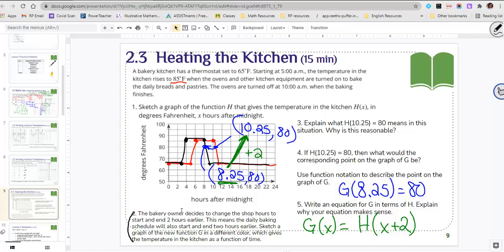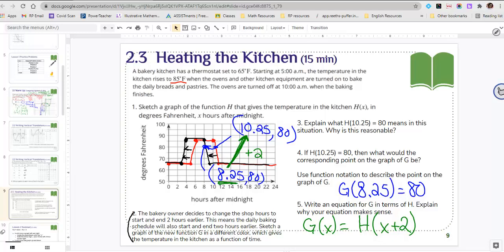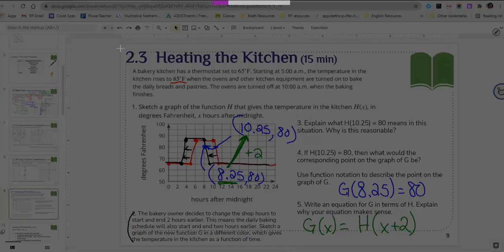You can see that every single point is 2 units moved to the left. So we can start writing these things in terms of each other, and we're going to see that we're not locked into just a single direction at a time.